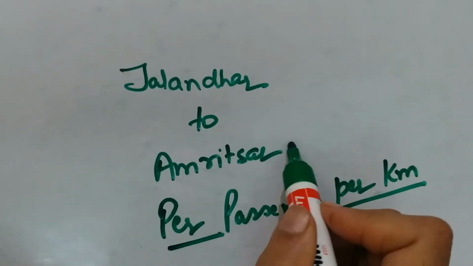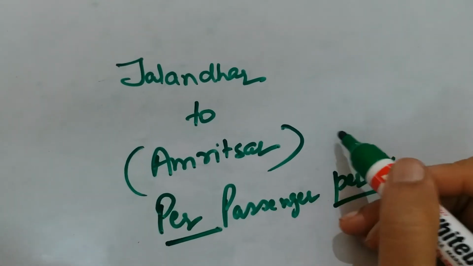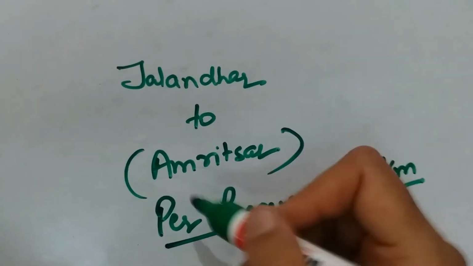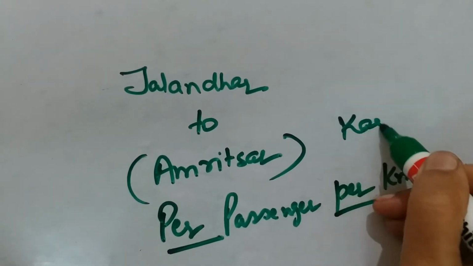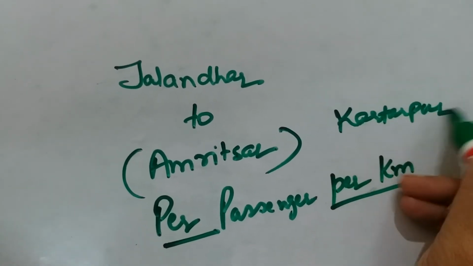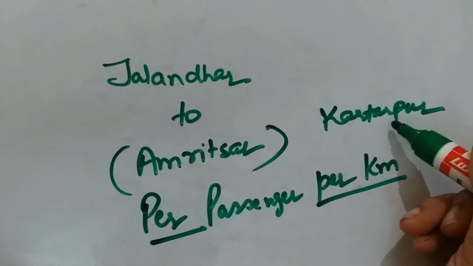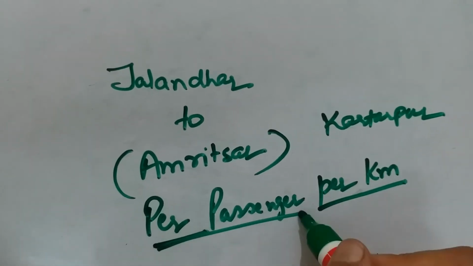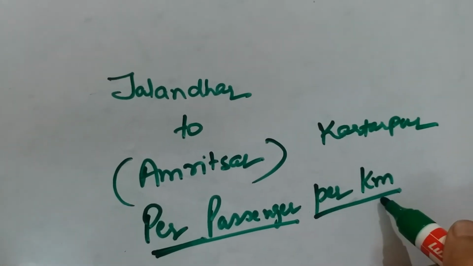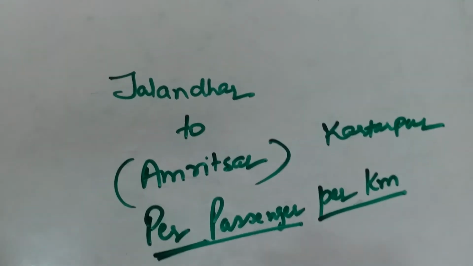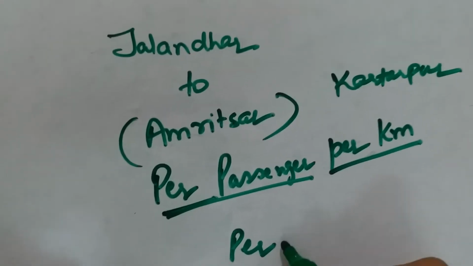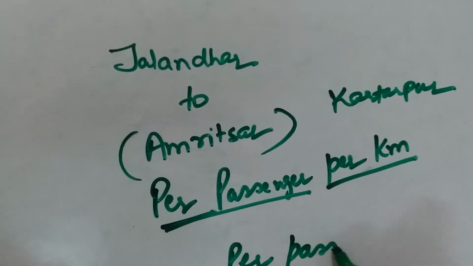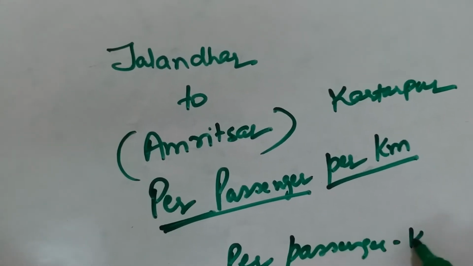For example, if you don't want to go to Amritsar, you only want to go to a destination nearby Jalandhar, let's say Kartarpur, the charges will be different. Of course, they will be for the passenger, but according to the kilometer. So we can say per passenger kilometer. The cost unit can be per passenger kilometer.